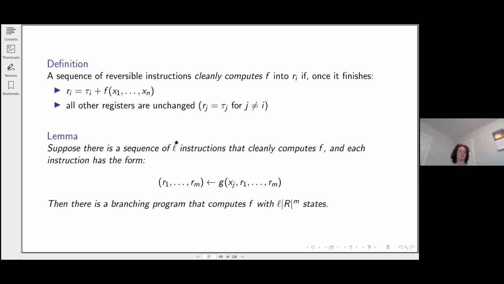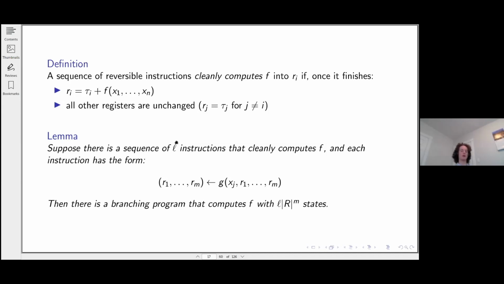So the form of the instructions is actually pretty general. The instruction is allowed to update all of the registers at once according to any function g, just so long as that function g only depends on one input. And that restriction comes from the fact that a state in a branching program is only allowed to query one single piece of the input.